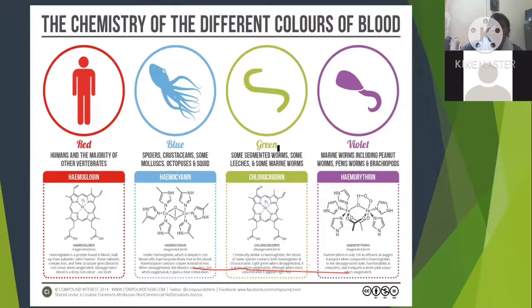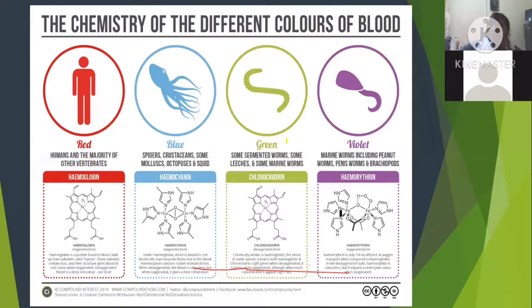Green color can be present in some segmented worms, leeches, or some marine worms, because of chlorocruorin, which gives it a green color, then violet color because of hemerythrin. So these are the different colors of blood due to the different pigments present there.